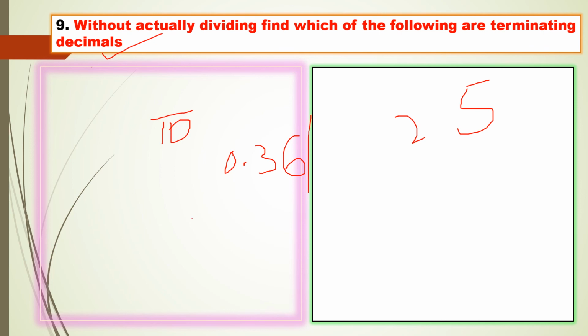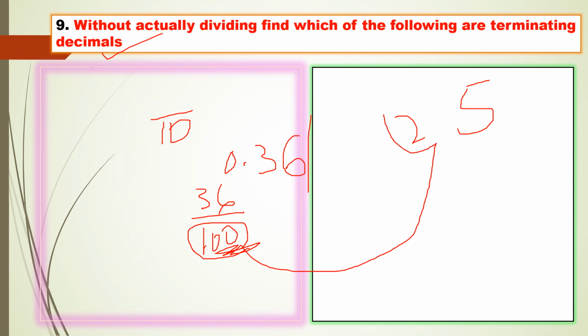How did we get it? We divided 36 by 100. 100 means the denominator should be in zeros. When will the denominator be in zeros? When it has the product of prime factors 2 into 5 only. You will get 100 only when 2 power m into 5 power n, that is 2 square into 5 square.